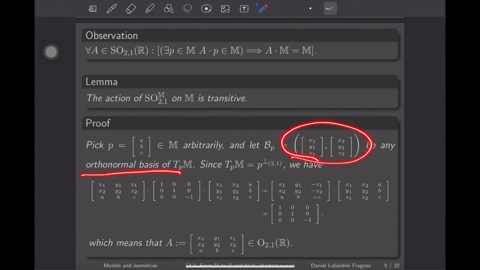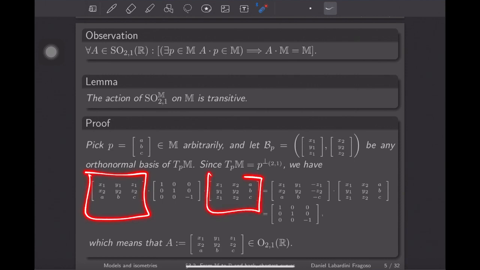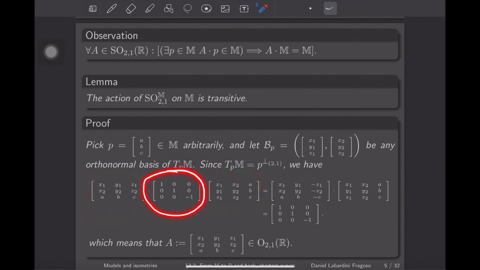I pick one such basis, and I'm going to use this fact that we already proved, and then take this matrix. Then I'm going to show that it preserves the matrix J, this 1, 1, minus 1, which is the matrix that represents Minkowski's form as a bilinear form from R3 cross R3 to R. Now this matrix, how do I form it?